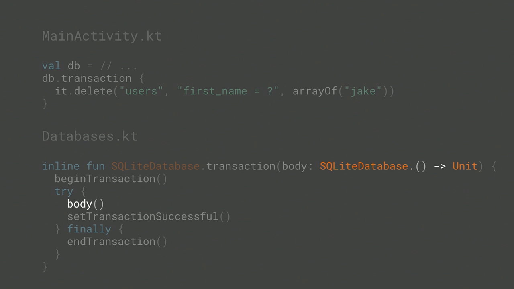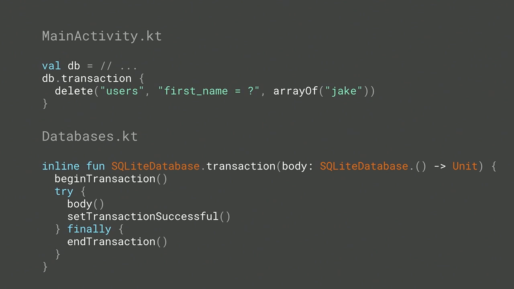This means that the body inside the lambda is going to execute as if it was a method on SQLiteDatabase. And as such, we can call methods without having to qualify them with any reference. So now our call site only mentions the database once, and then we can just call the methods for performing inserts, updates, and deletes without having to qualify them with the database reference.